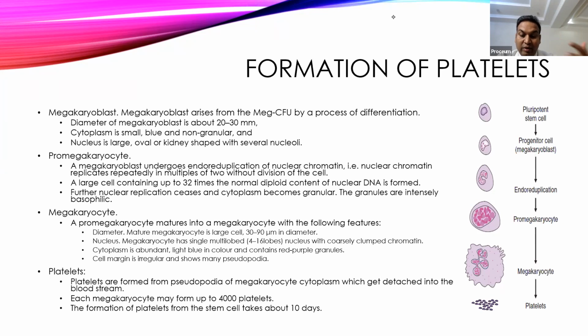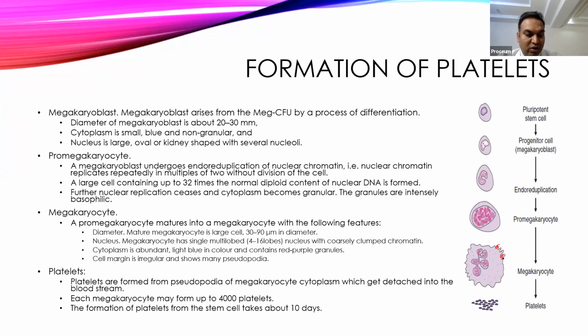A megakaryocyte becomes a much larger cell, 30 to 90 micrometers, which contains a multilobed nucleus, with 4 to 16 lobes, with coarse clumped chromatin and abundant cytoplasm which has red purple granules with irregular margins. Irregular margins are because of the formation of multiple pseudopods.